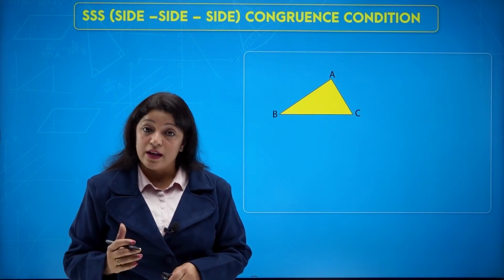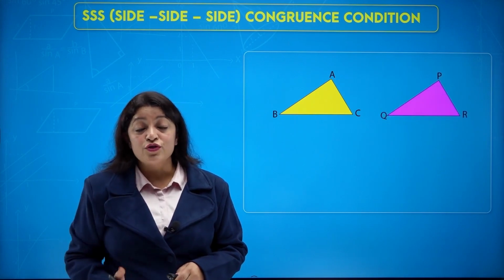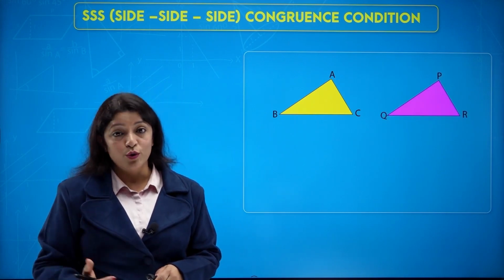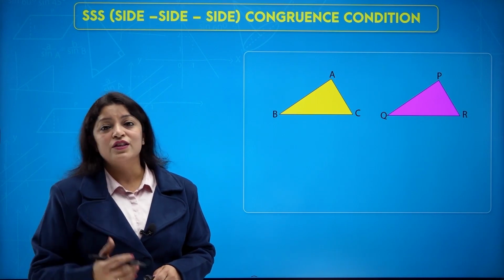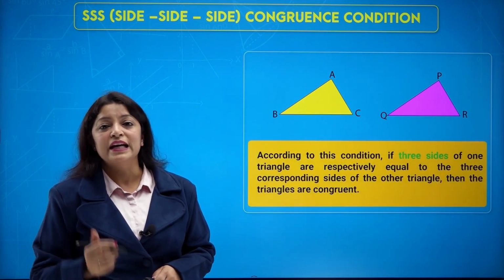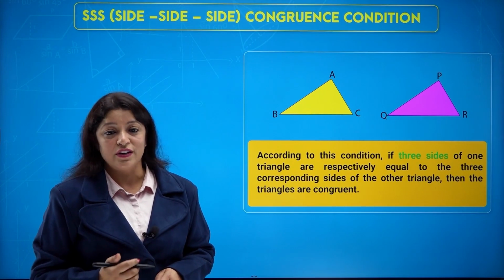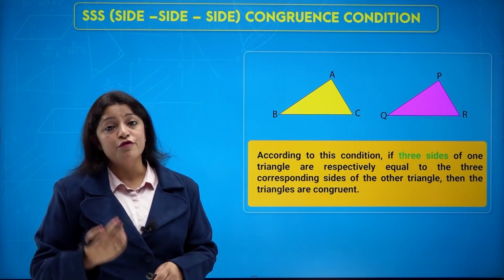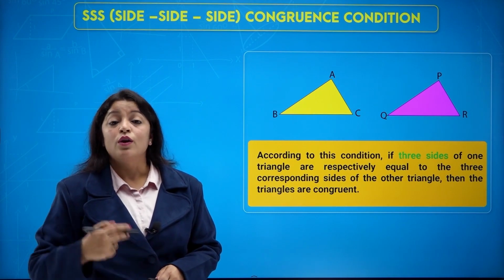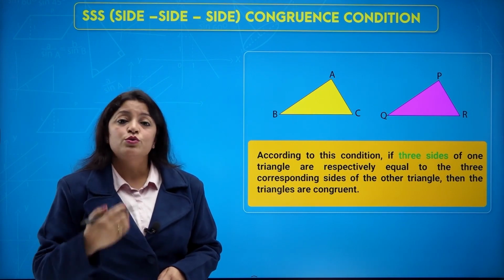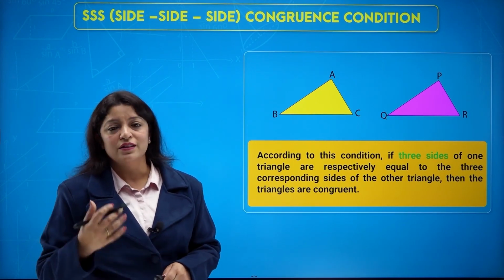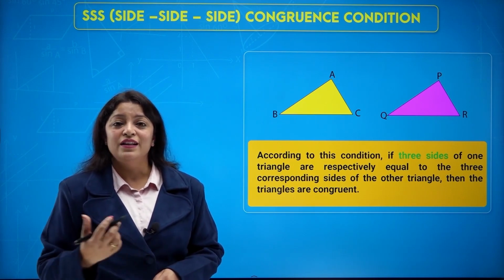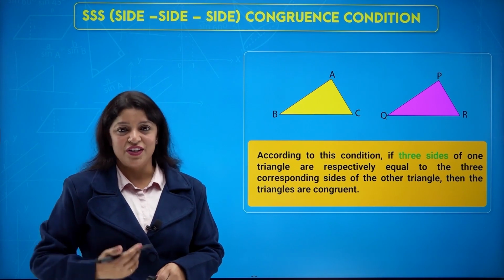So, if a triangle ABC is given and another triangle PQR is given, and if all the 3 sides of the triangles are known to me, I can say that the triangles are congruent by side, side, side criteria. That means, according to this condition, if 3 sides of one triangle are respectively equal to the 3 sides of another triangle, the triangles are said to be congruent by side, side, side criteria.